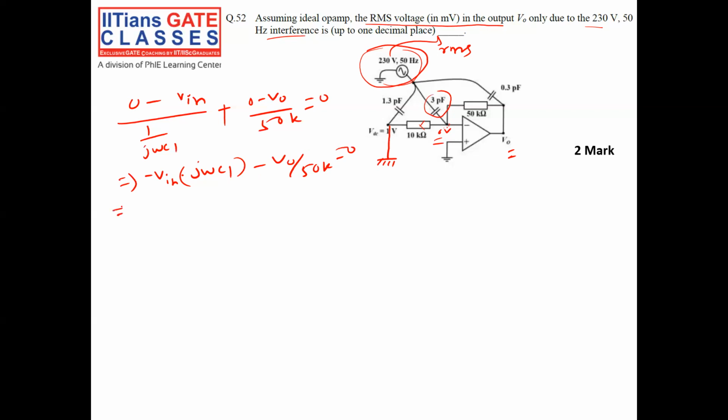So this implies V0 is equal to minus j omega into C1 into 50k into Vin. Clear? So I have to calculate the RMS V0.